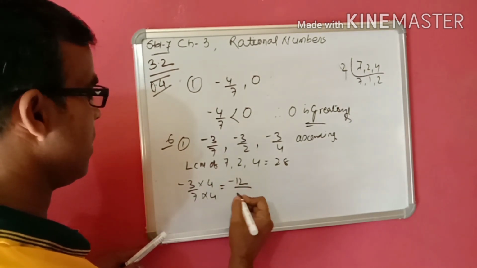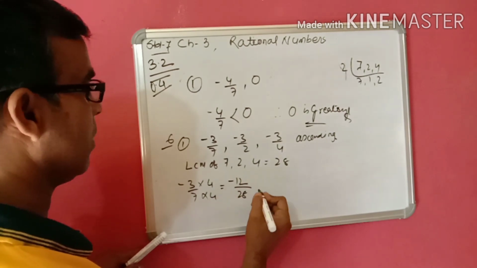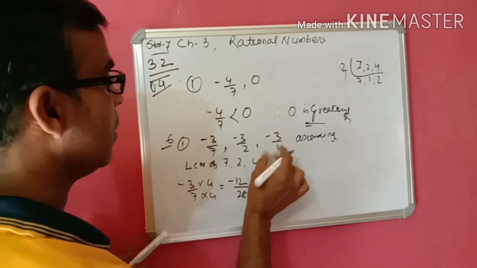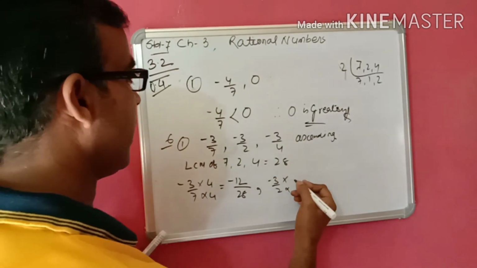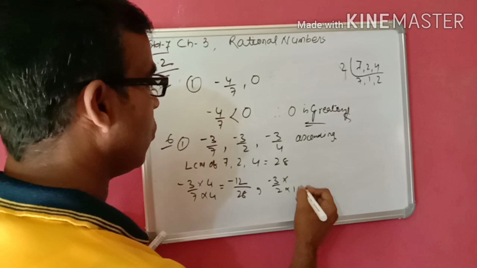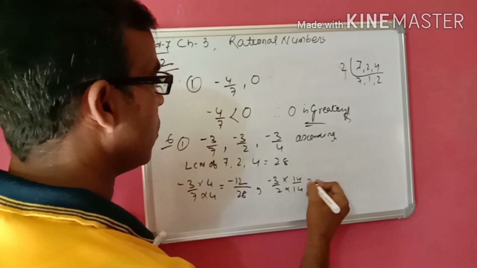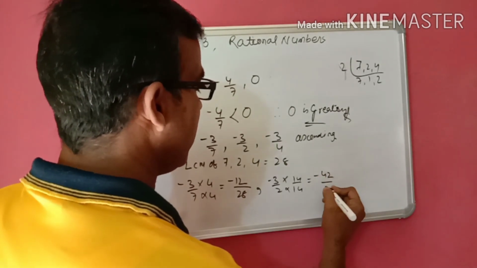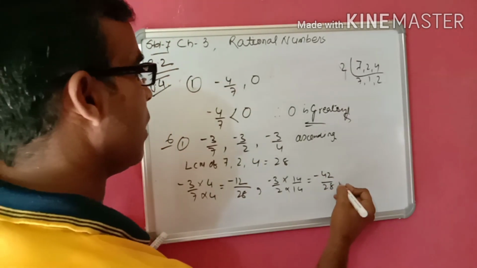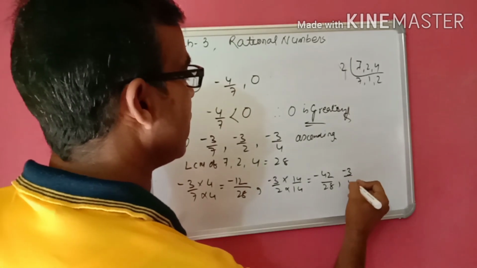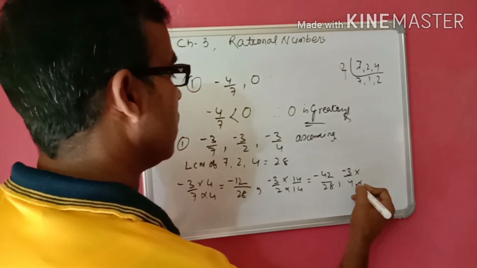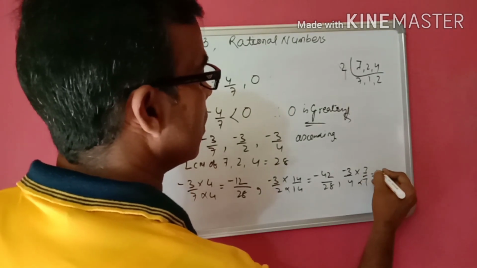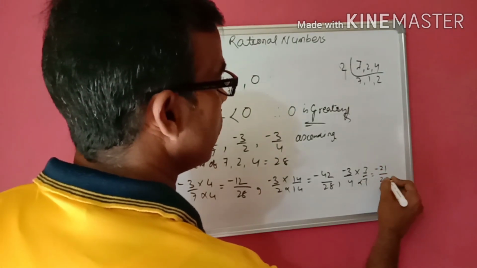Therefore minus 12 by 28. Now for minus 3 by 2, we have to make the denominator 28, so we multiply by 14. So it will be minus 42 by 28. And minus 3 by 4, we multiply by 7, so it will be minus 21 by 28.